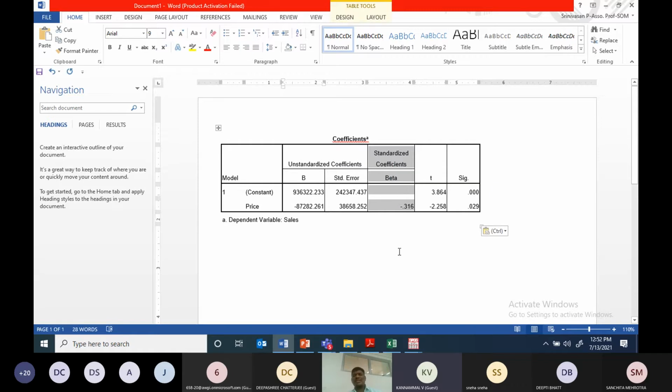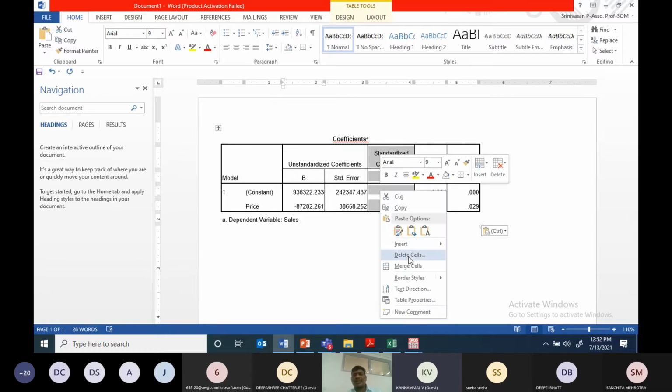There are two columns, unstandardized and standardized coefficients. I don't want the standardized coefficient; go with the model with constant, because the standardized model does not include the constant, since the variance of the constant is always 0.